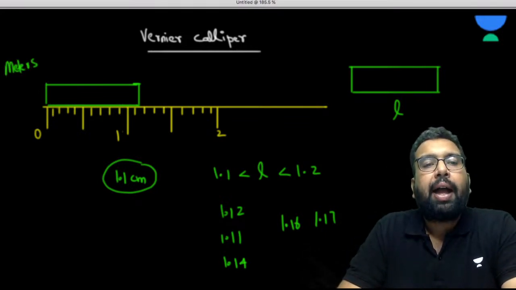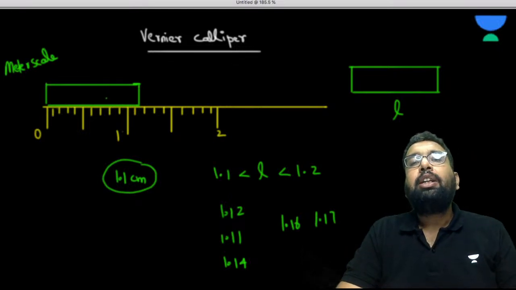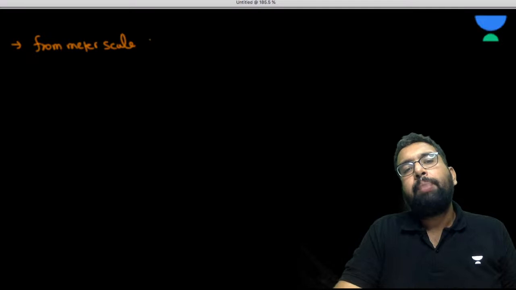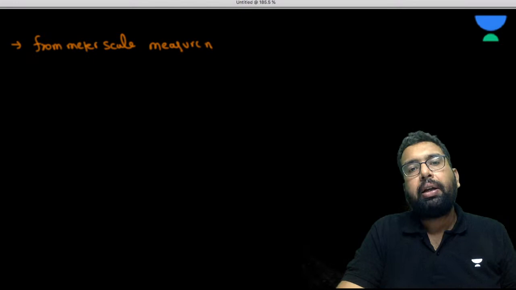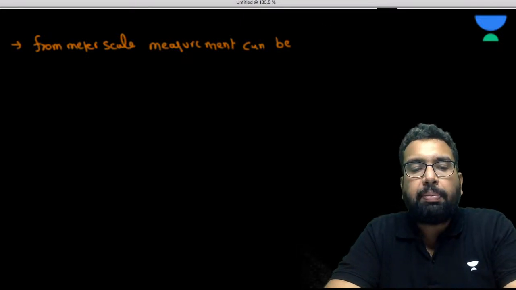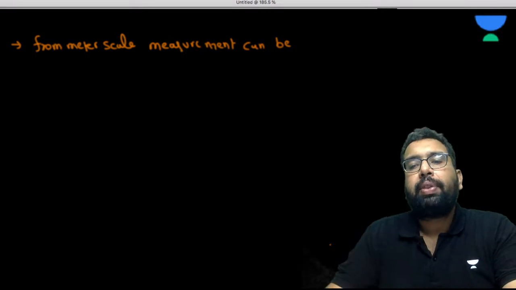From the meter scale, measurement can be made with accuracy up to 1 decimal place.